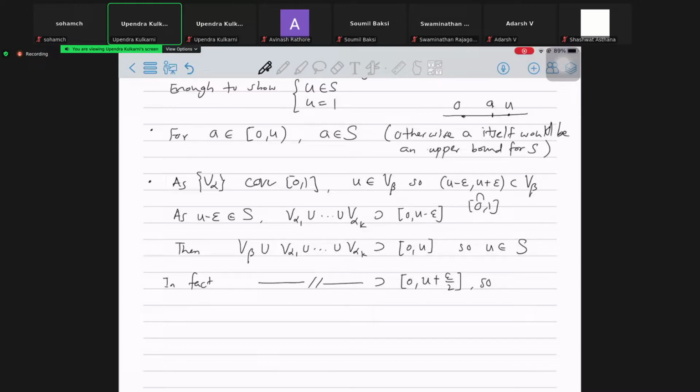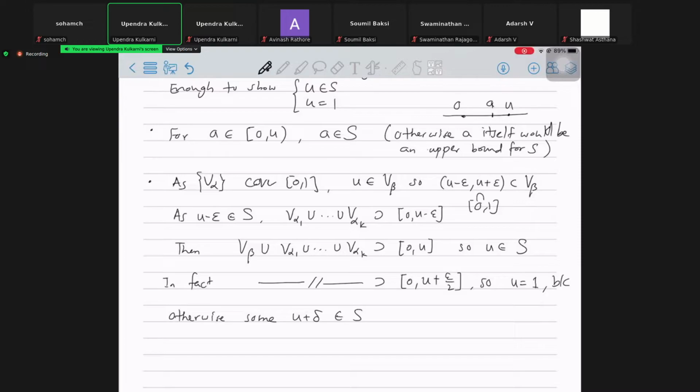So what this is saying is that U equal to 1. Because otherwise, some U plus delta will also be in S, correct?